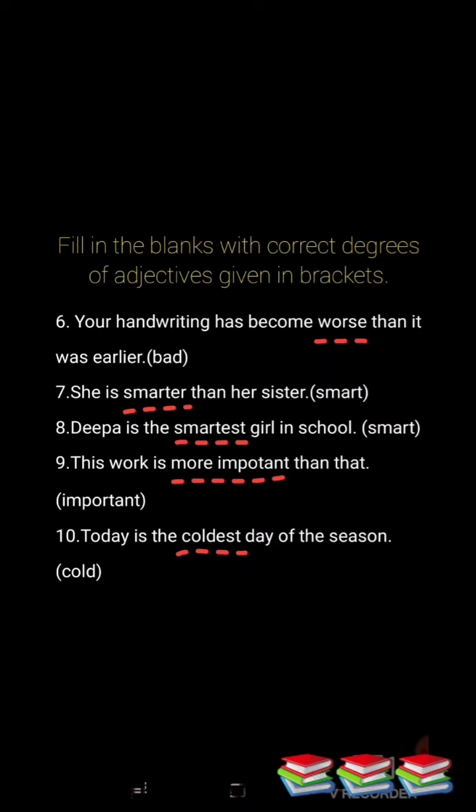You can see here before the blank there is "the", so you have to use EST. Smartest it becomes. This work is more important than that. You can see there is "than" after the blank, so you have to use the word more with important. Today is the coldest day of the season. Cold becomes coldest because before the blank there is "the".